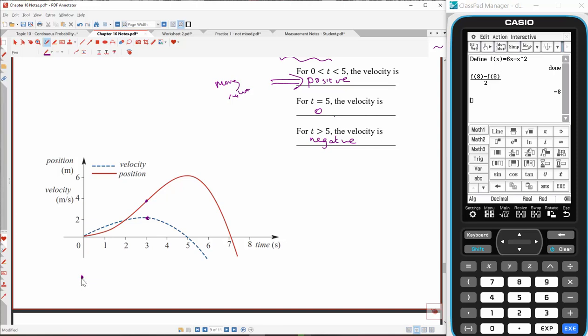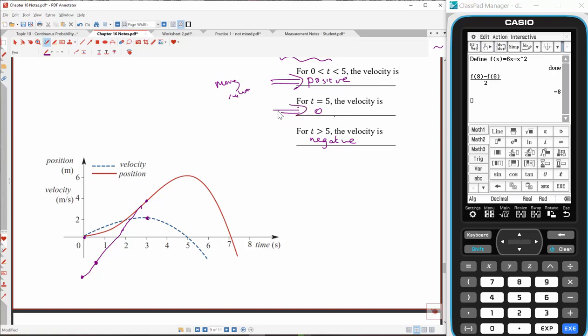So I start way behind the start line down here, and then I take off like the clappers and probably come last by a mile and be really embarrassed. But I can be moving towards that finish line here and be to the left of the starting point. So that's also possible. I can move right and be to the left of the origin. But all a positive velocity says is I'm moving right.